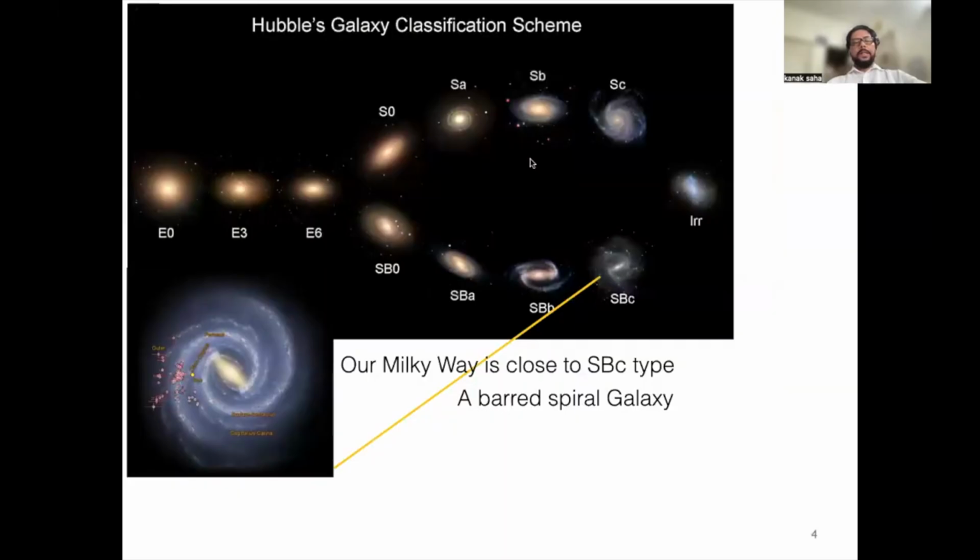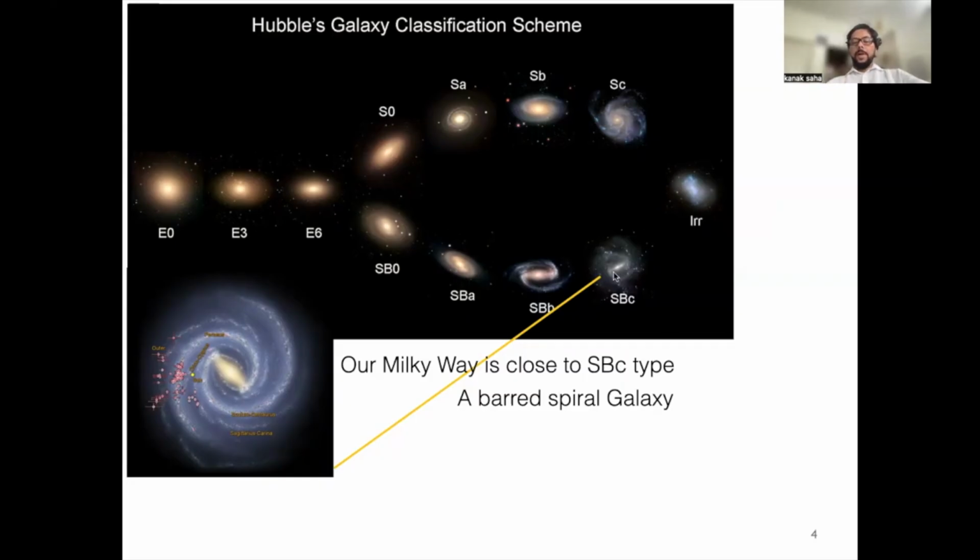If we look at the Milky Way in the Hubble classification scheme, it is close to SBc type. S stands for spiral, B stands for the bar, which is an elongated structure like this. And c stands for how open or tightly wound the spiral arms are.